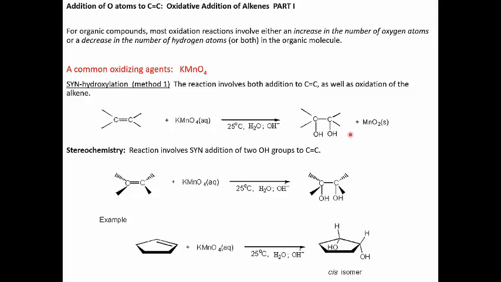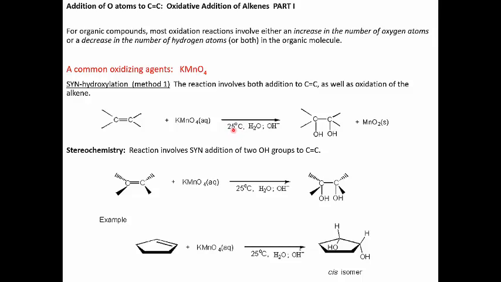Right, the first reaction falling into this category that we're going to look at involves the use of a common oxidizing agent, KMnO4, potassium permanganate. The alkene is treated with KMnO4 in aqueous medium at room temperature in basic media. Now I want to stress that this is being done at room temperature without heating.